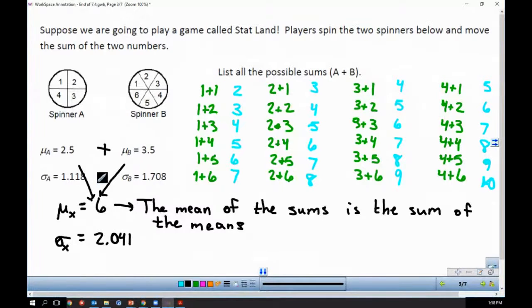Okay, do we notice any relationship by chance with the standard deviations? Does it look like I can just add those? No, that doesn't work. Average them?